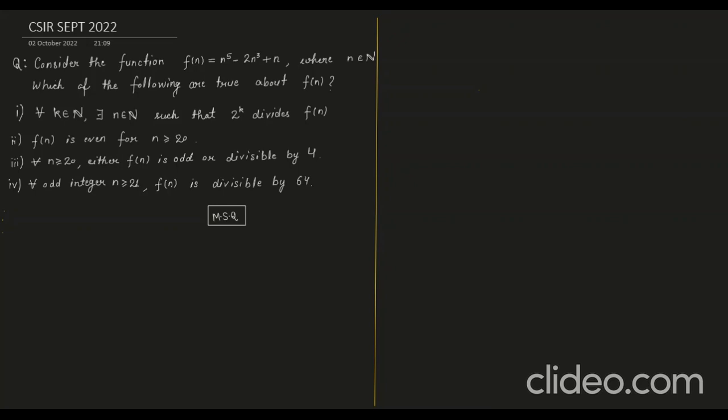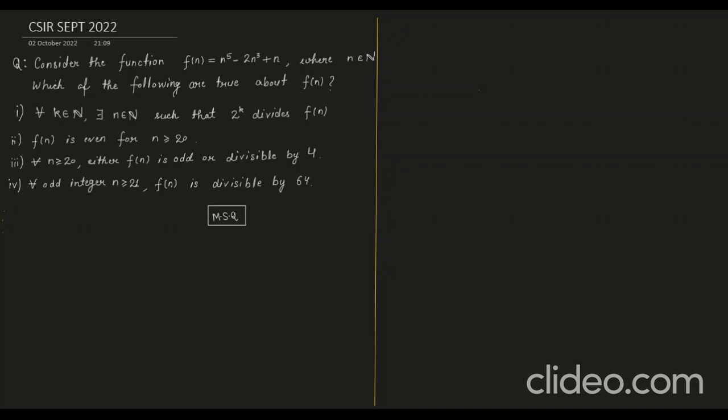Second option is f(n) is even for every n greater than or equals to 20. Third option is for every n greater than or equals to 20, either f(n) is odd or divisible by 4. And the last option is for every odd integer n greater than or equals to 21, f(n) is divisible by 64. This is an MSQ type problem, so multiple options can be correct.